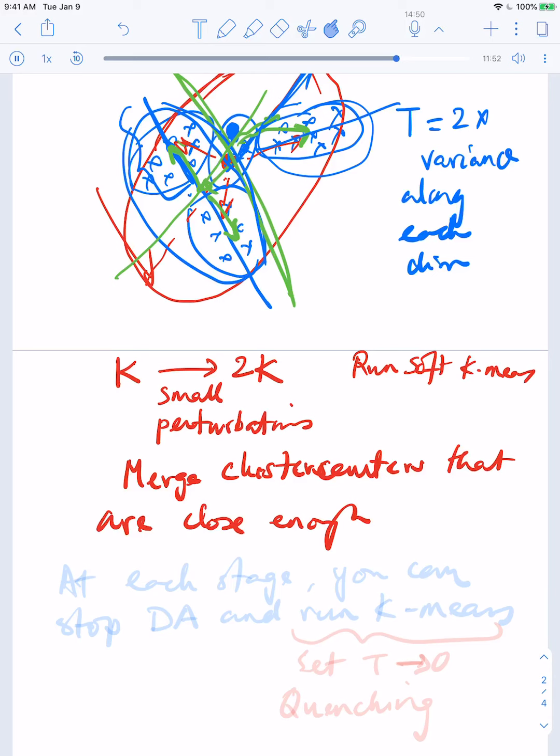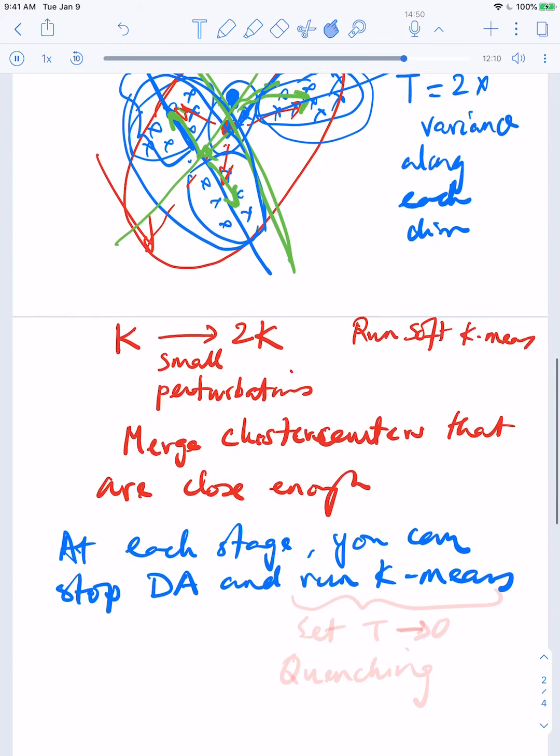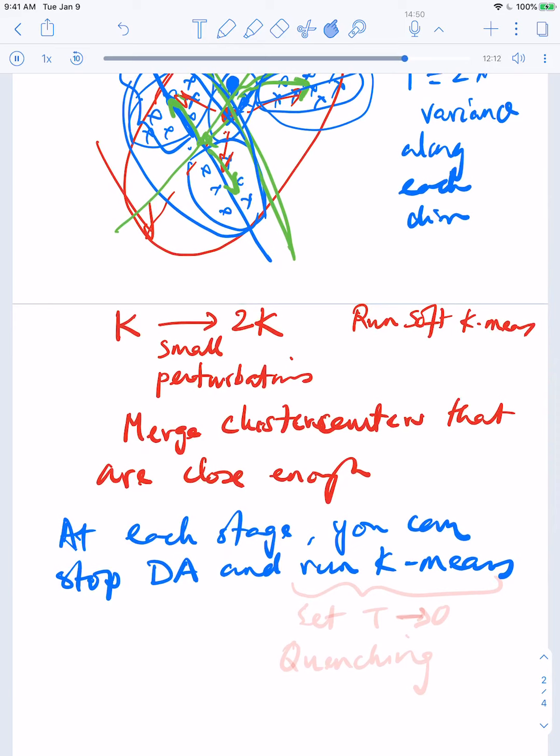I should also note that at each stage, you can stop deterministic annealing and run k-means. So you started out with one guy, the centroid. You lowered the temperature, and perhaps you got two clusters.